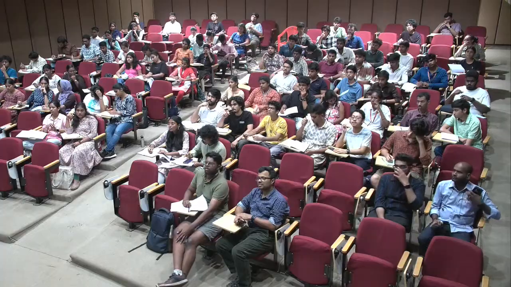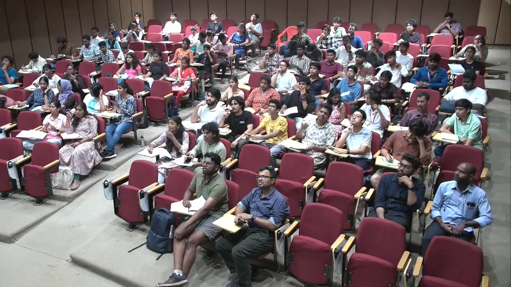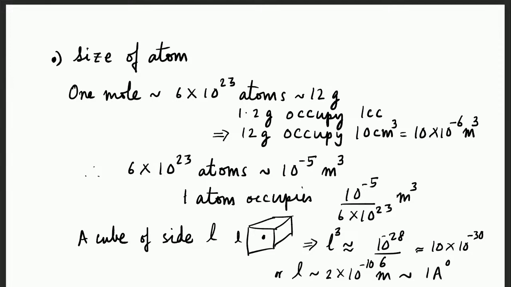Agreed. So let me outline what he said. All of you are told that 1 mole of some material has Avogadro number of particles, and that 1 mole weighs its molecular weight, which is 12 grams for carbon.